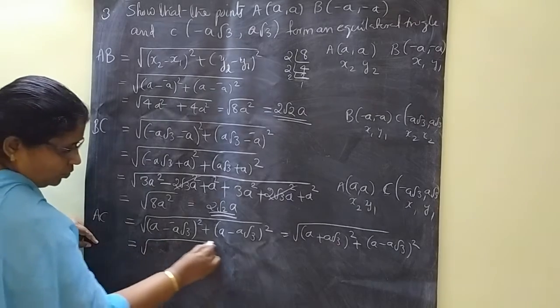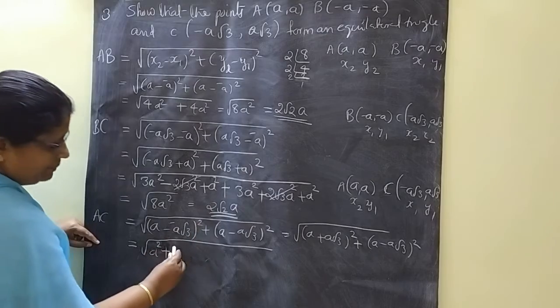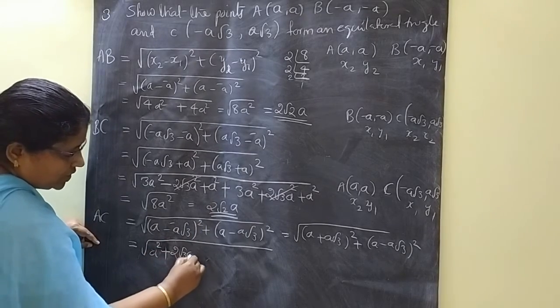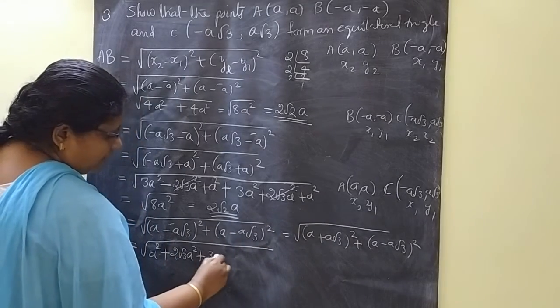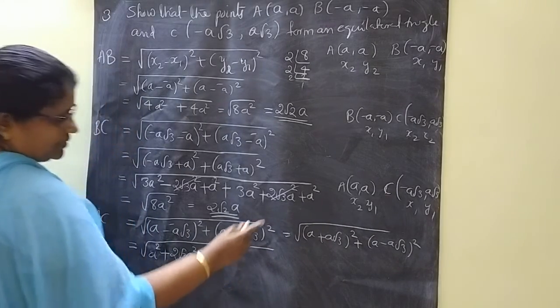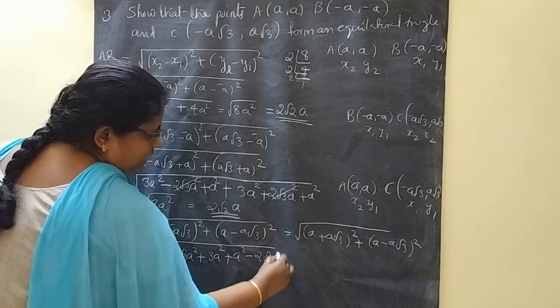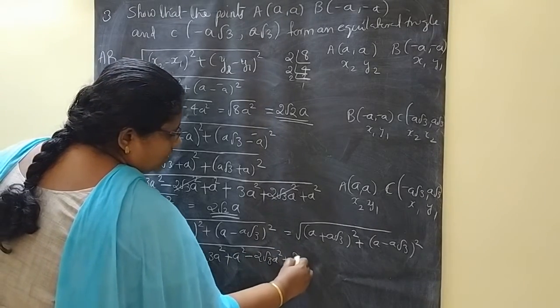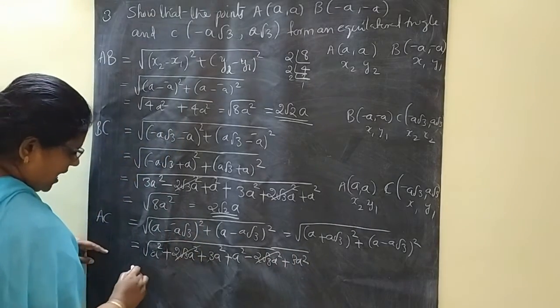See, root of A square plus 2ab, means 2 root 3 A square, plus (A root 3) square is 3A square, plus A square minus 2 root 3 A square plus 3A square. Here also these two terms cancelled.